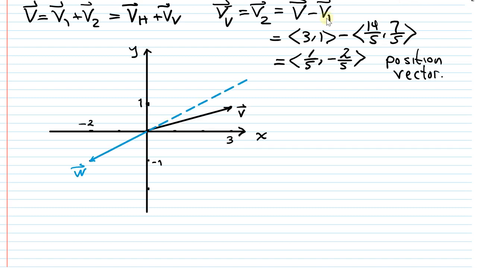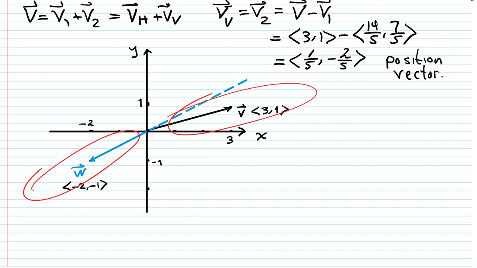Okay, so here is a schematic of what's going on with this example. I have vector v, and remember the components of this vector are (3, 1), and I have vector w whose components were (-2, -1). Now, in order to find the projection of v onto w, if you notice, w is pointing in a totally different direction, and v is going in the other direction.